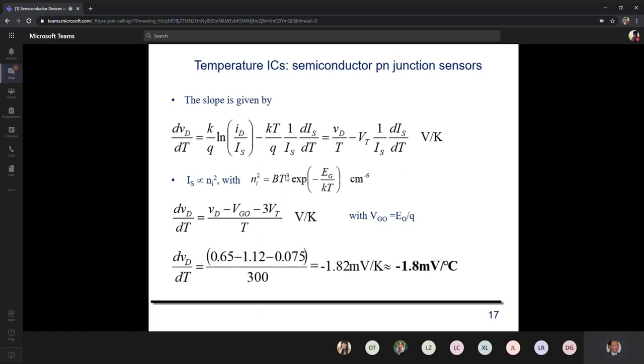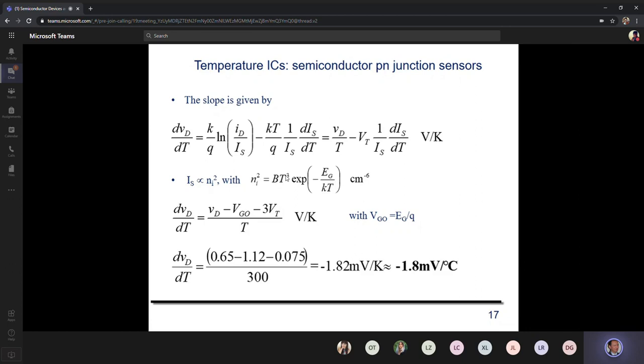Then if you consider silicon, you remember the gap is 1.12 electron volts, okay? So as a voltage it is 1.12 volts, okay? And finally, you have minus 3 times the thermal voltage that is in the range of 25 millivolts. So by 3, you have 75 millivolts.